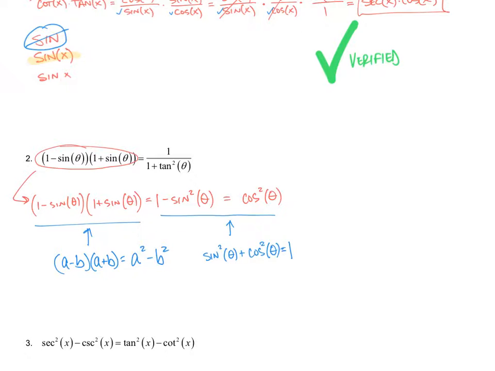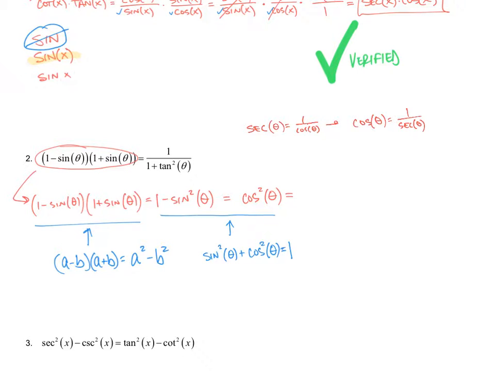And last but not least, cosine is the reciprocal of secant. So let me state that a little different. Secant of theta is equal to 1 over cosine of theta. That means that cosine of theta is equal to 1 over secant of theta.